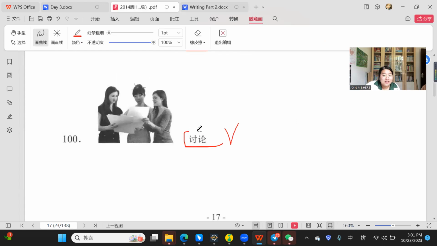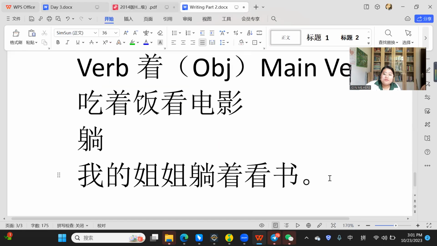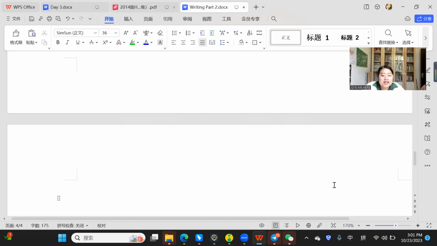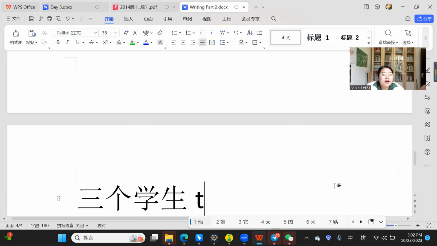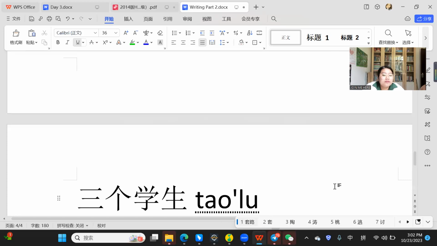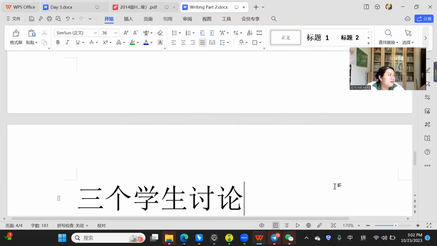And here, 讨论. 讨论 is a verb, right? Yes. So which one will be the subject? Them. Yeah. There you go, right? So just write what you see. 三个女人, 还是三个同学们, 还是三个学生？三个学生的话比较好。讨论什么？What do they 讨论?